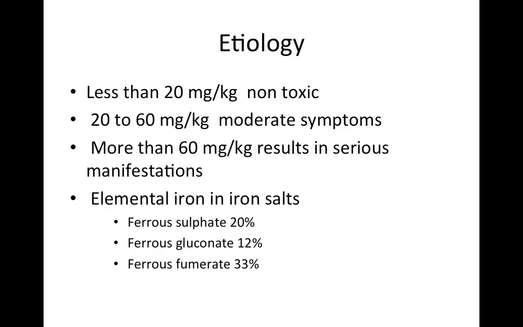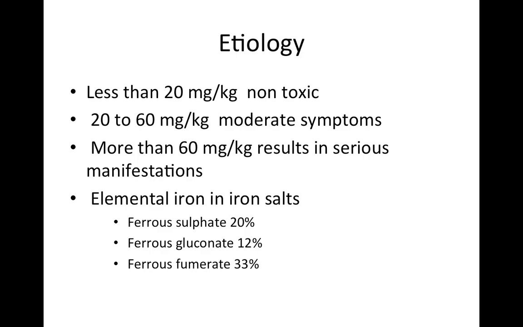Etiology. Less than 20 milligrams per kg when consumed is non-toxic. If 20 to 60 milligrams per kg is consumed, it may result in moderate symptoms. Serious complications and manifestations do occur if more than 60 milligrams per kg body weight is consumed. This amounts to nearly 10 times the therapeutic dose of iron.